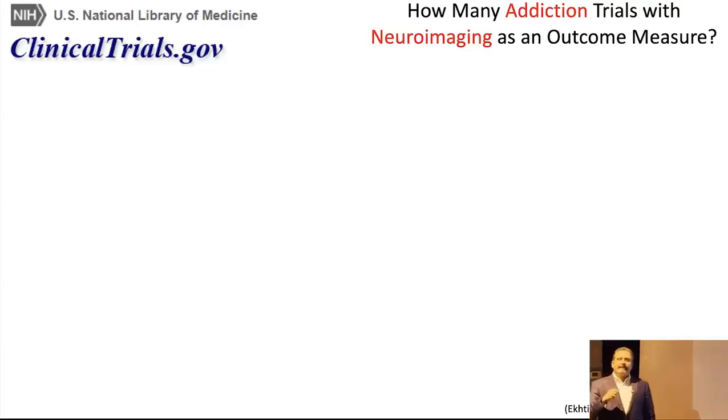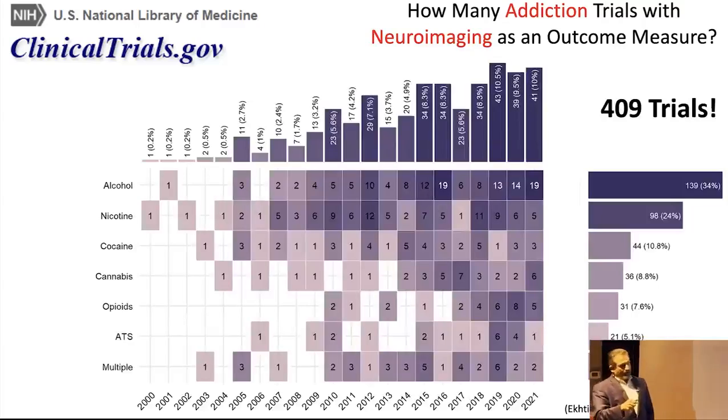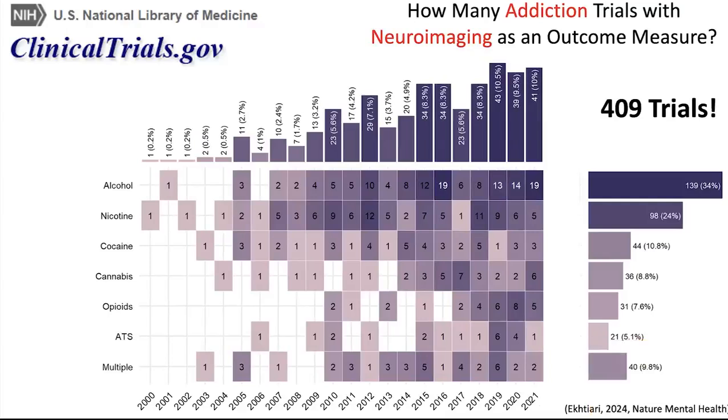So we systematically looked into the database, and we saw that up to the end of 2021, we had over 400 trials on clinicaltrials.gov, I mean, there are people from Mexico who registered their trials there, from other parts of the world. But that website already has over 400 trials that have neuroimaging as their outcome measure in the field of alcohol, nicotine, cocaine, cannabis, other areas, or amphetamine-type stimulants.